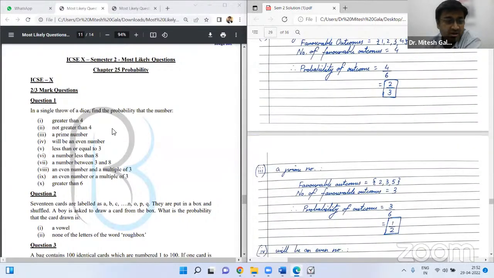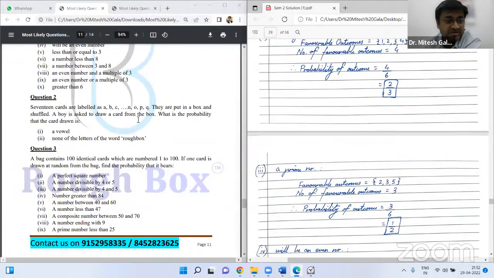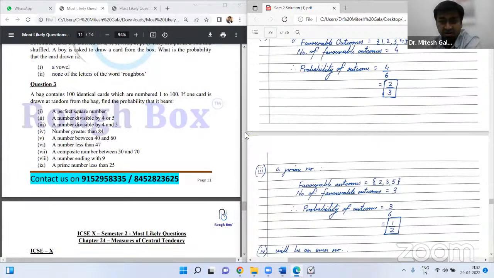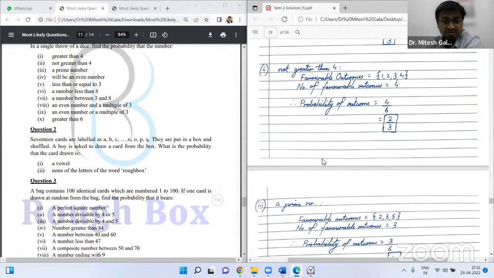Chalo, go for the second one. This is a typical one. I expect this type to come in the exam. The alphabet one. That's what I really like. Try question 2. I'll give you 30 seconds to try, and then we'll discuss.